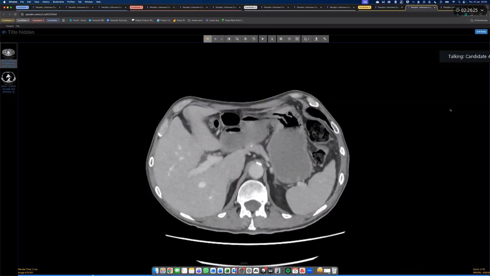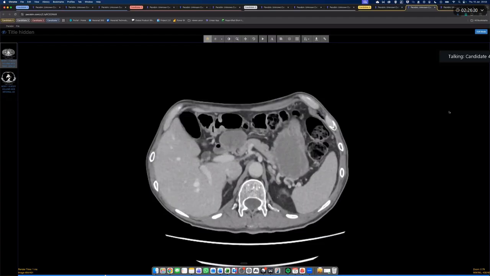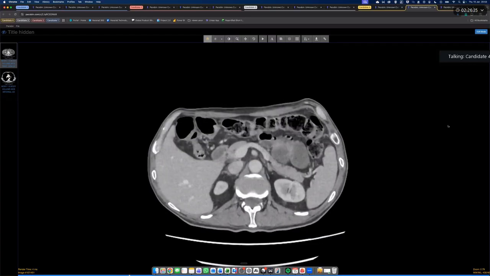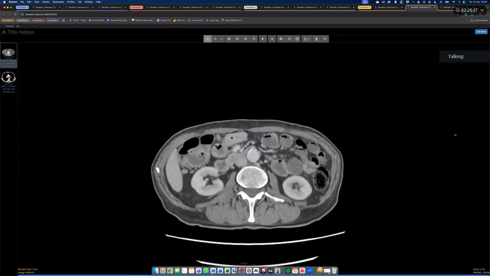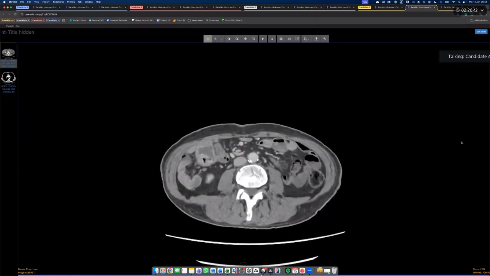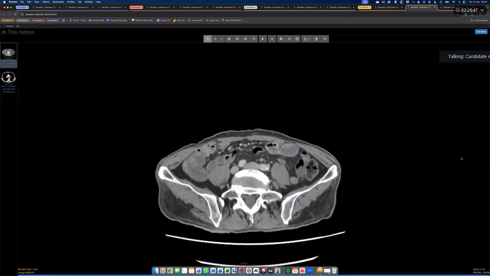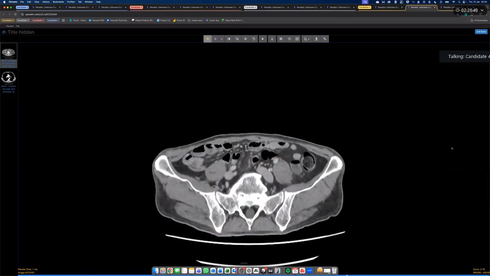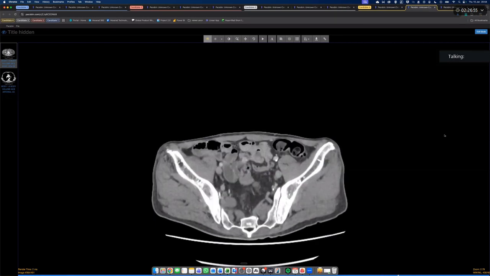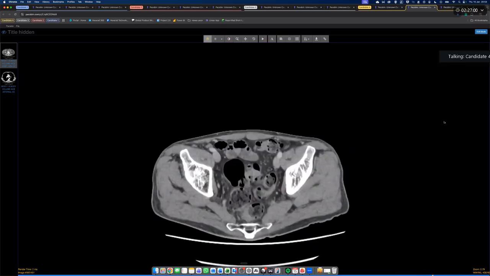I'll have a quick look through the whole set of images before I comment on my findings. So I'm just quickly going to the last cut. I could not find significant free fluid within the abdomen.